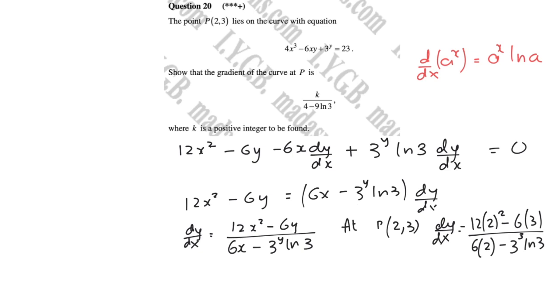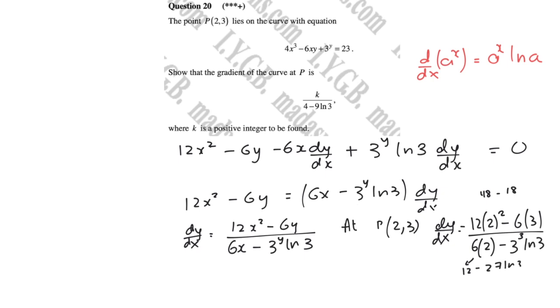Obviously, you're expected to leave the ln 3 alone. So we have 12 times 4, 48, minus 18, so 30. And at the bottom, we have 12 minus 27 ln 3.